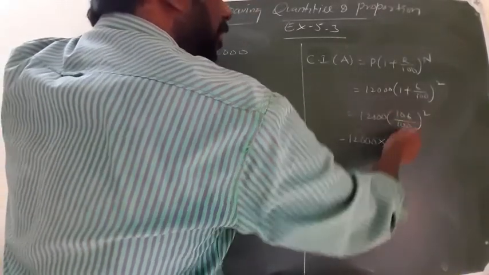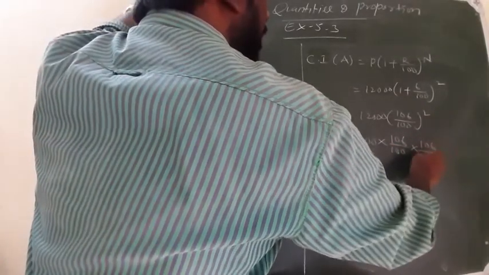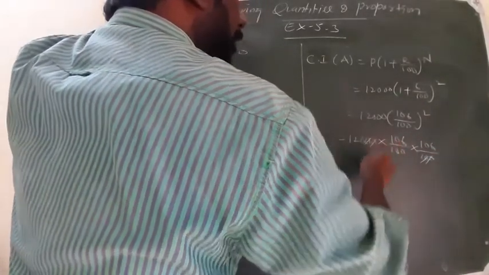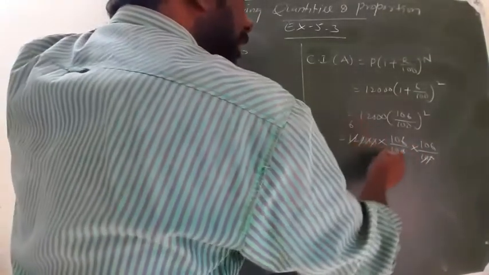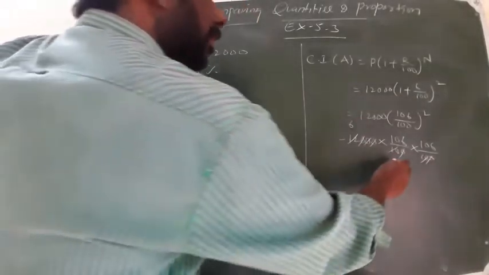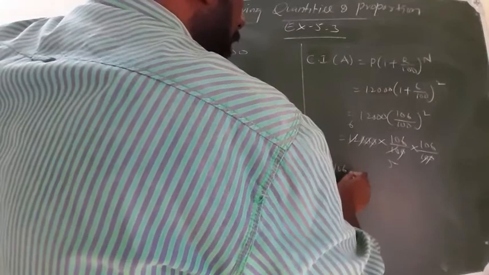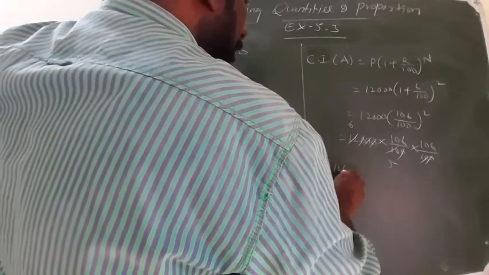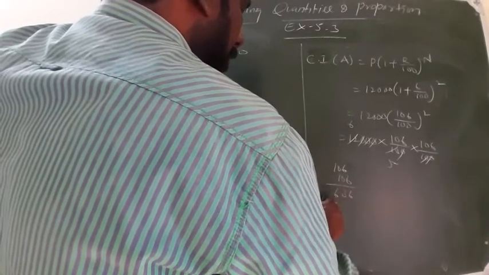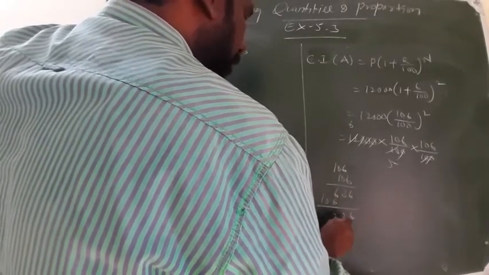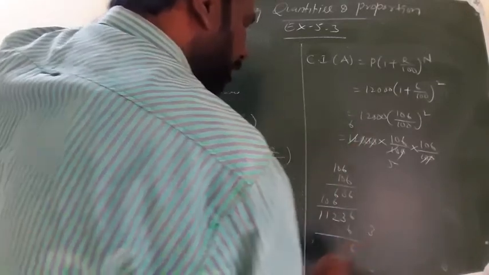You should write this 2 times, 106 by 100 into 106 by 100. Two zeros, two zeros go. 2 table, 2 6s are 12, 2 5s are 10. Now 106 into 106. Again 6 will be there, multiply with 6.